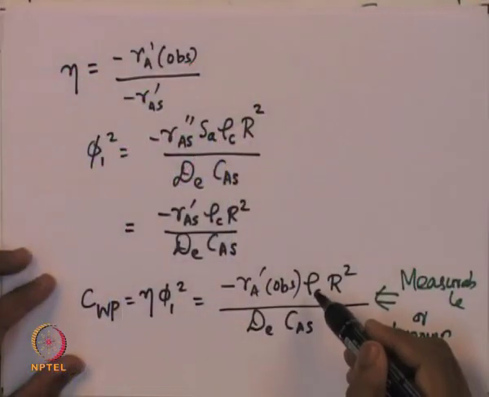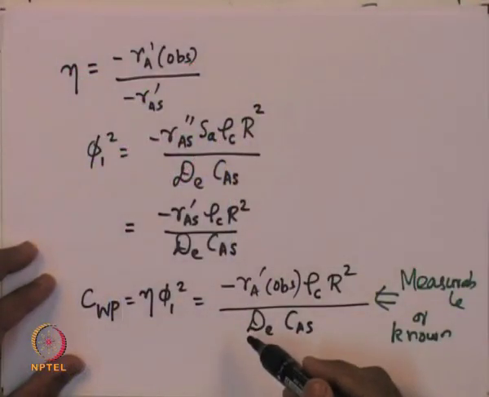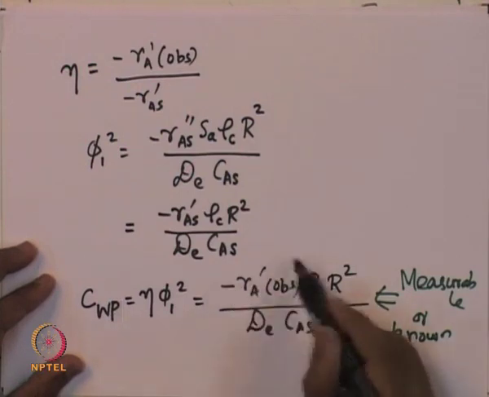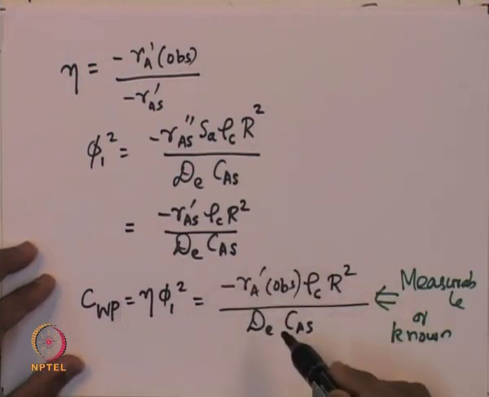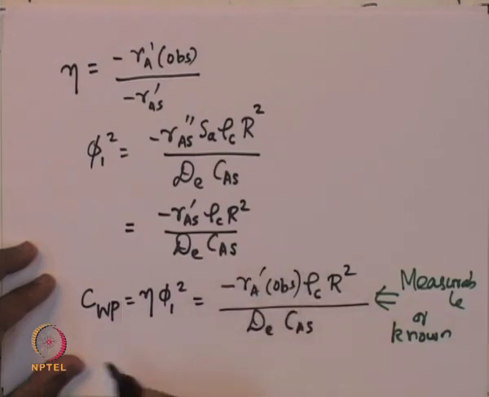The measurable quantity here is the reaction rate, and the density, radius and the diffusivity are known quantities, and the reaction rate and the concentration at the surface are measurable quantities. So, once we know these quantities, we know what the Weisz-Prater parameter is.